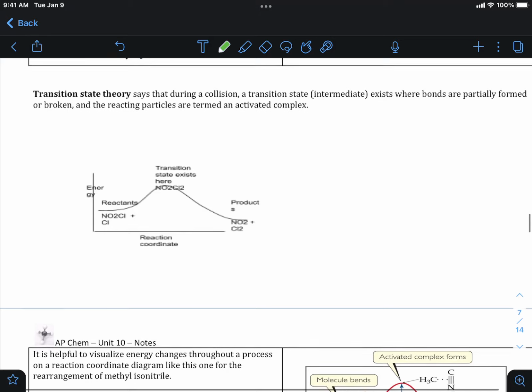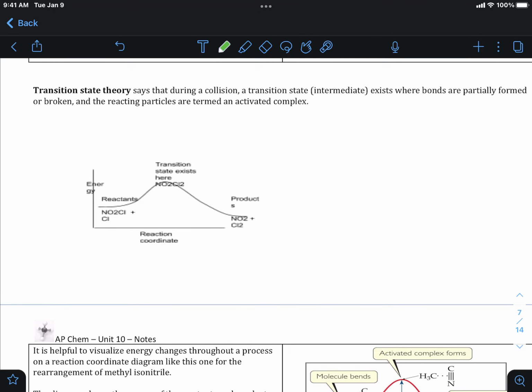All right, so the second theory is what we call transition state theory. Now, transition state theory is not a competitor to collision theory. It's more of a parallel theory, right? It enhances the two theories together, helping to make more sense of what happens during chemical reactions.